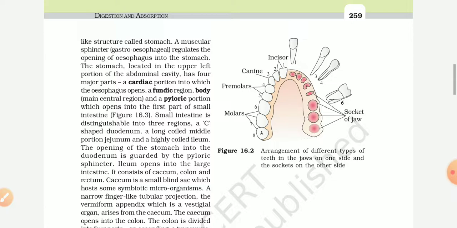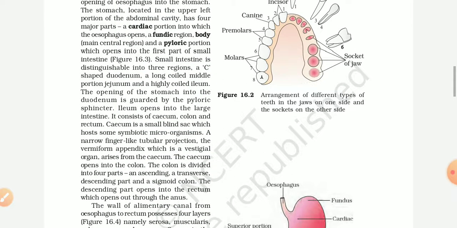The large intestine consists of three portions called cecum, colon, and rectum. The cecum is a small blind sac, and it hosts some symbiotic microorganisms. There is also a small narrow finger-like tubular projection called the vermiform appendix, which arises from the cecum. This is a vestigial organ, meaning it has no function, and it is reduced in function because of evolutionary changes.